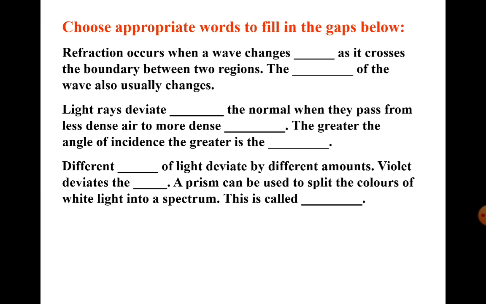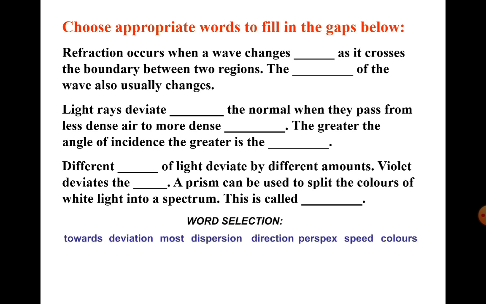And to finish this episode, let's fill in the gaps. Refraction occurs when a wave changes speed as it crosses the boundary between two regions. The direction of the wave also usually changes. Light rays deviate towards the normal when they pass from a less dense air to a more dense perspex.